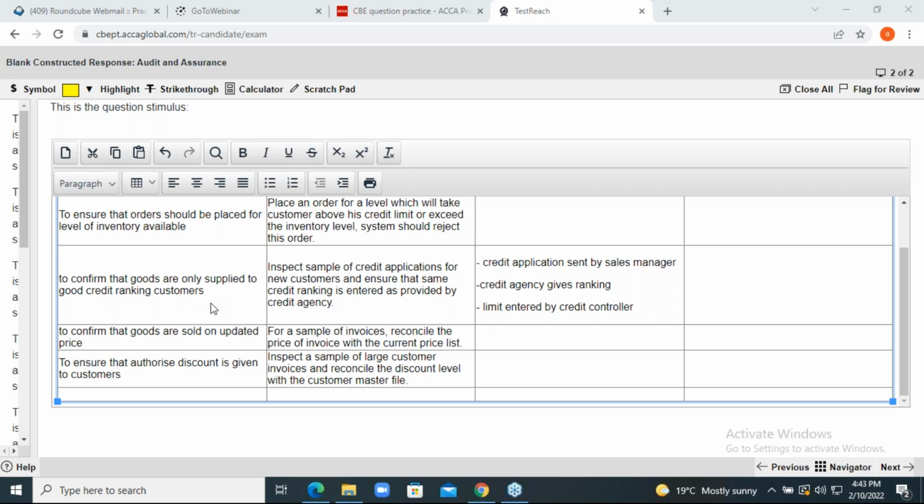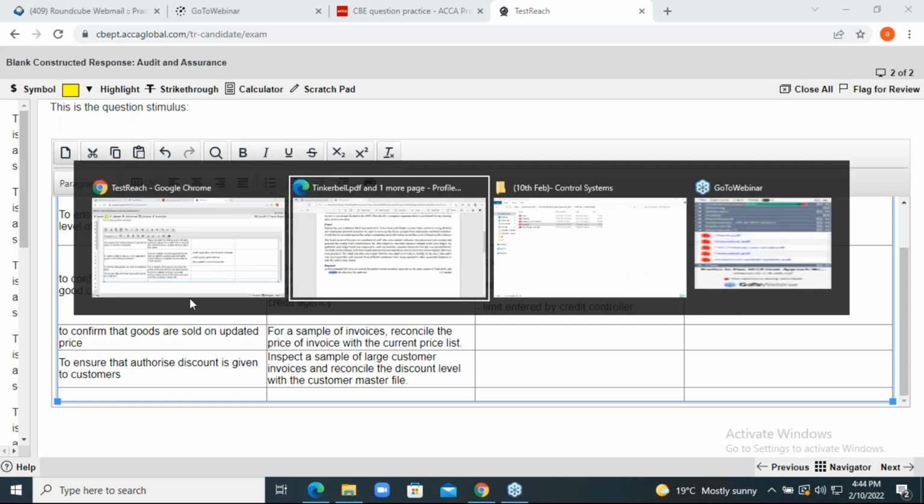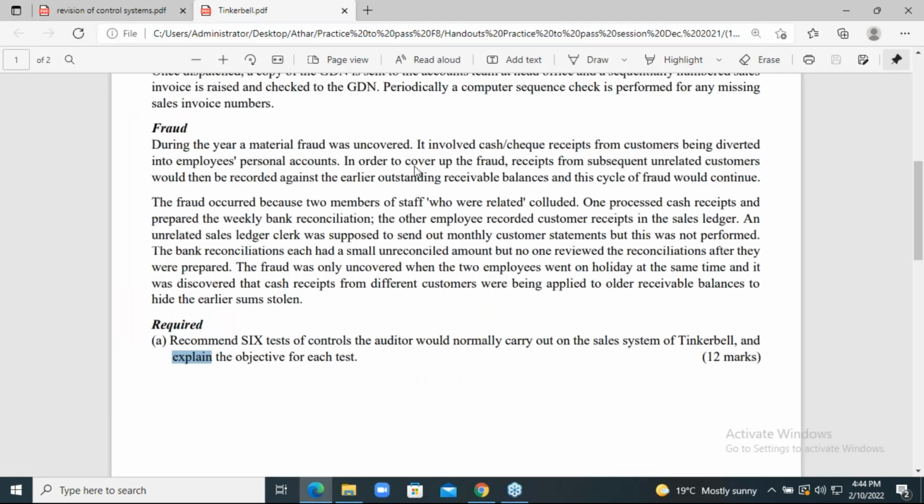In my personal opinion, when you go through a question like this one, Tinkerbell, if you go back, this is the question. When you attempt it, you will focus only on this requirement, because I have changed the requirement.